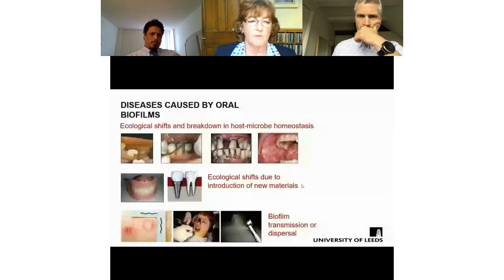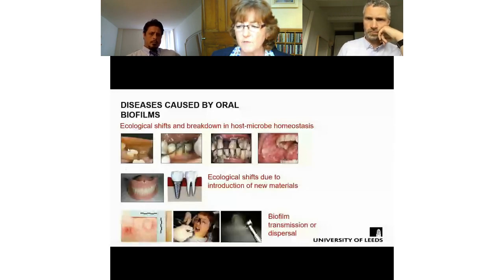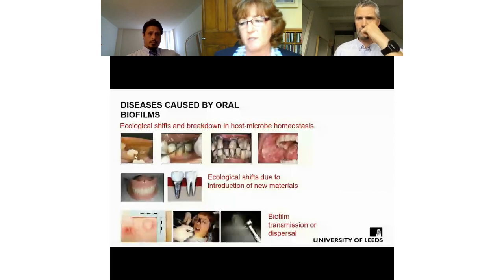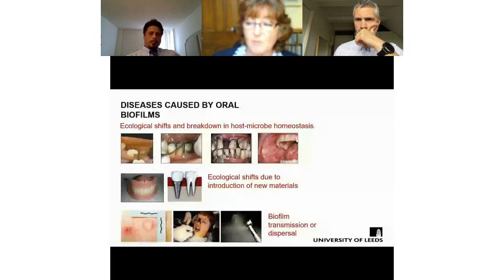So I've been talking mostly there about what's normal and what you find in health, but you get, as I said at the beginning, important diseases caused by oral biofilms, and these generally result from ecological shifts. So, a breakdown in that host microbe homeostatic balance. So in caries, the ingestion of sugar in the diet is used by groups of organisms to produce acid, which selects acidogenic and aciduric populations that cause dissolution of enamel and development of caries or holes in the enamel.